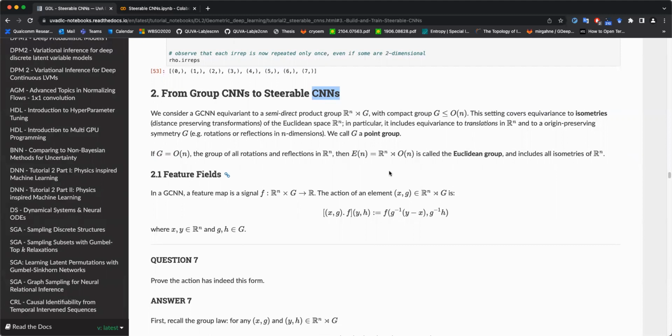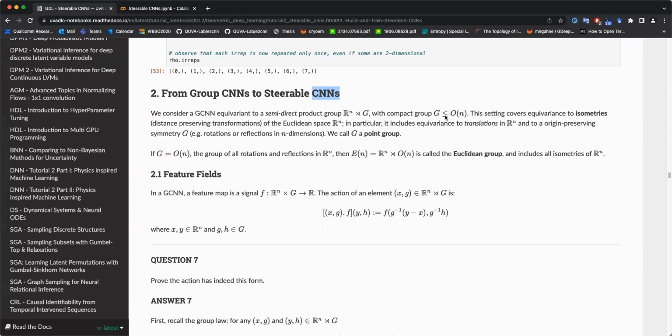The step we do here, from group convolution to Steerable CNNs, is that instead of applying a filter every time for each group element and storing an activation for each group element, we are going to replace the part of the tensors that stores activations for each group element, for G being the subgroup of rotations, with instead the Fourier transform that we defined earlier.